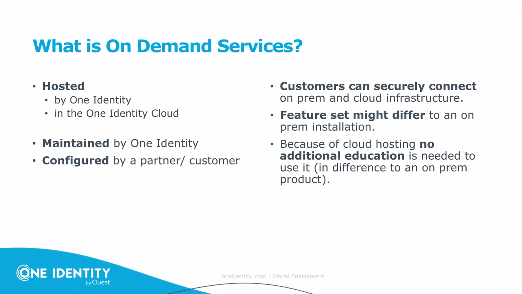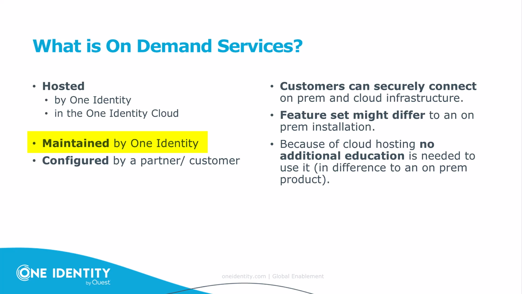What is on-demand services? One Identity now offers security appliances in three different ways: as the traditional physical appliance, a virtual appliance, and now it is available as a service. That means that your security appliance is hosted by One Identity, running on One Identity Cloud, and the service is maintained by One Identity.